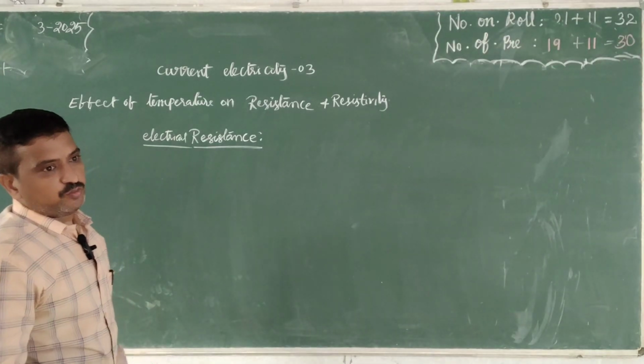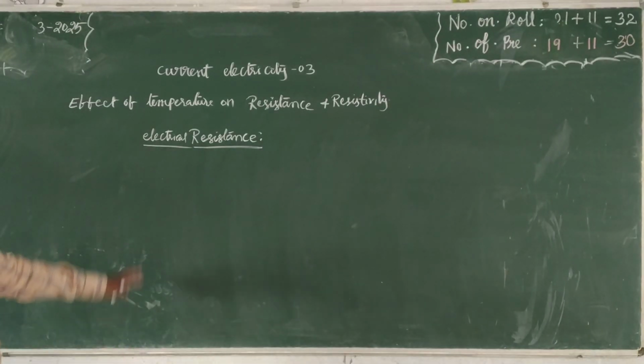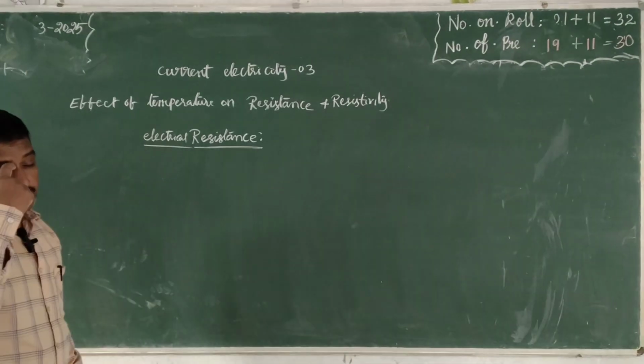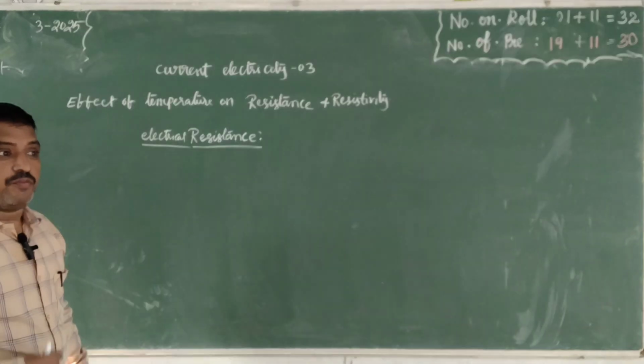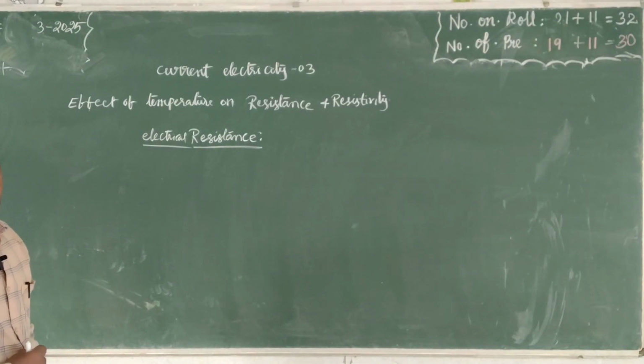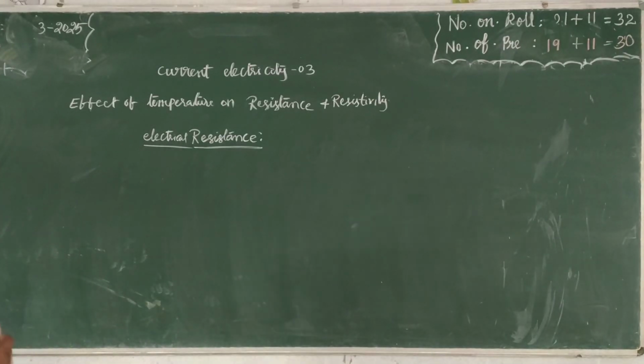Flow of electrons means which opposes the flow of electrons. That property we call electrical resistance.